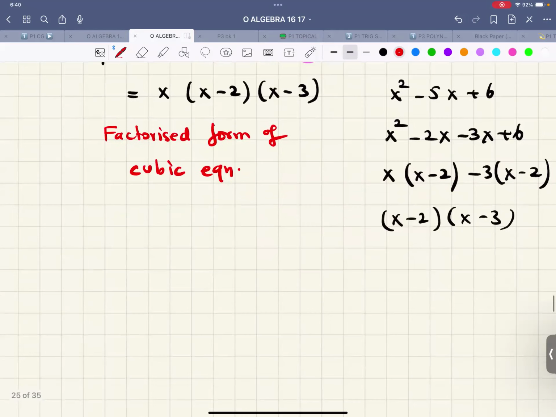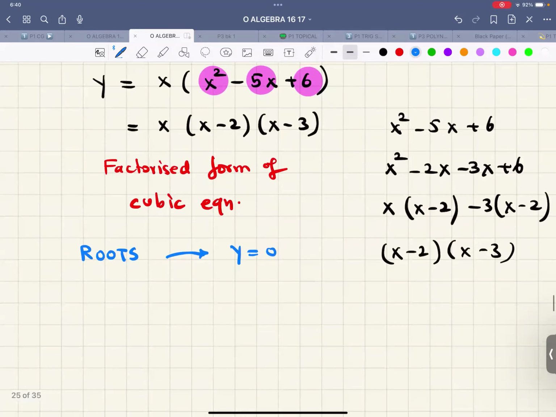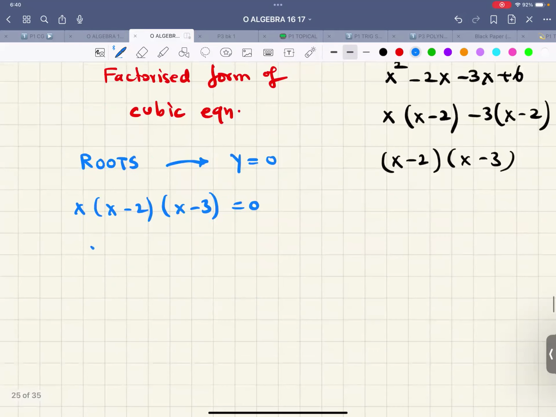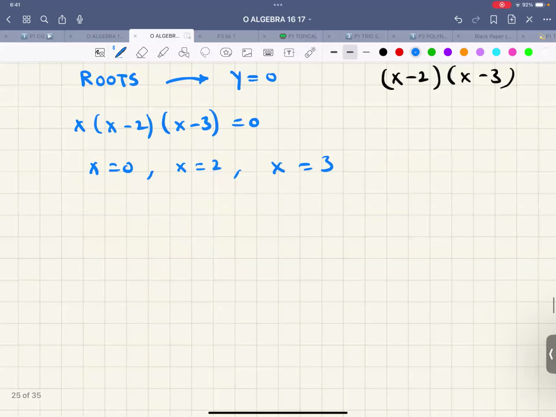Now, the very first thing that I'm interested in, what are the roots of this cubic equation? Y is equals to 0. Therefore, x bracket x minus 2 bracket x minus 3 equals to 0. Therefore, x is 0. Therefore, x is 2. Therefore, x is 3. These are the three roots. So we say that there are three roots of this equation.